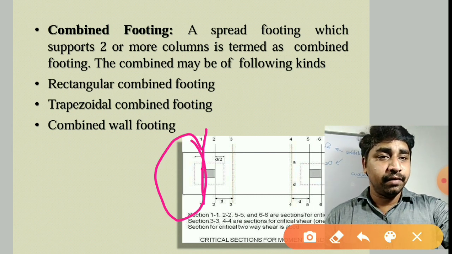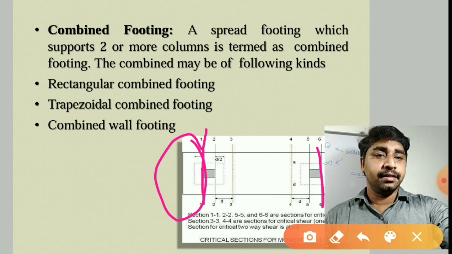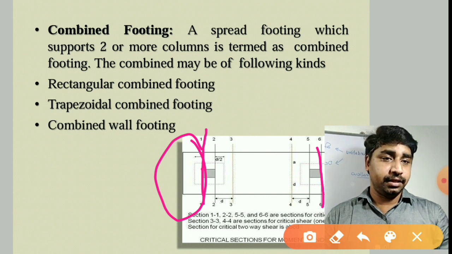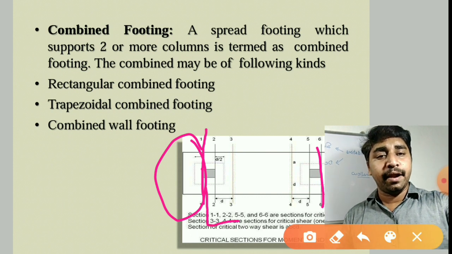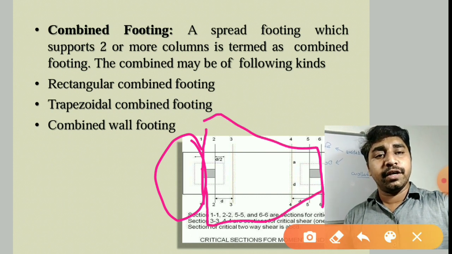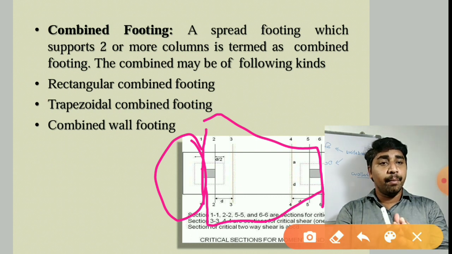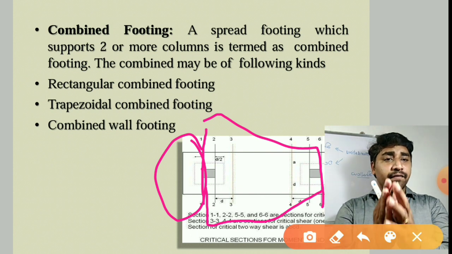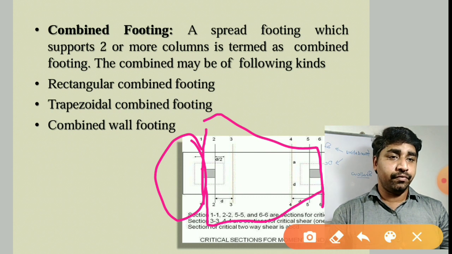Similarly, if the property line is at 6, then also we are unable to lay foundation beyond this 6. So in those cases, we will adopt a trapezoidal combined footing like this, so that it will balance the bending moments coming over there, and the stability of the footing is going to be balanced by adopting trapezoidal combined footings.